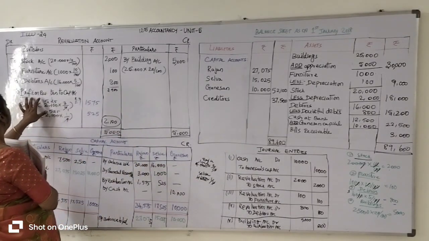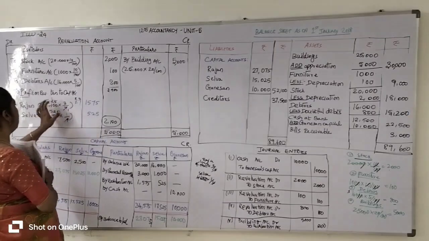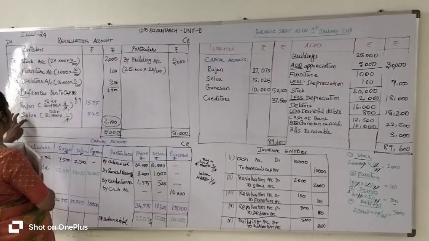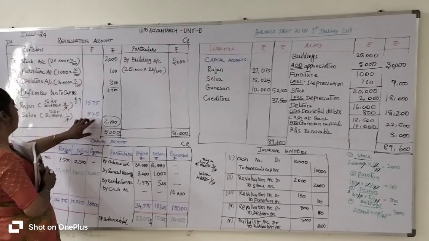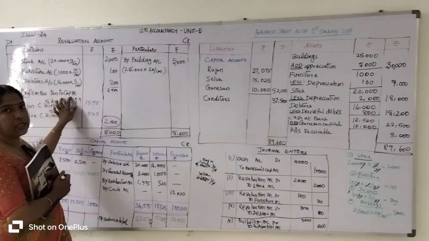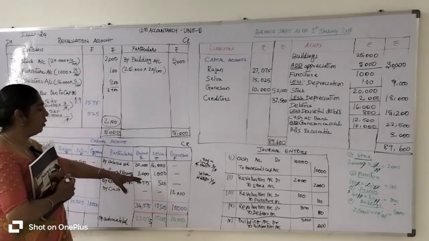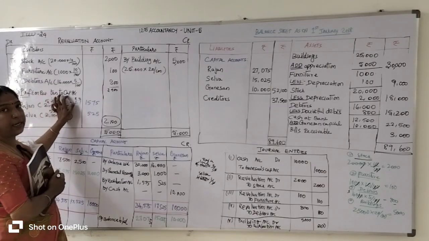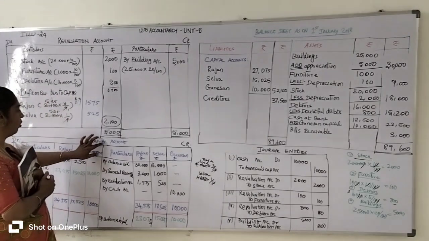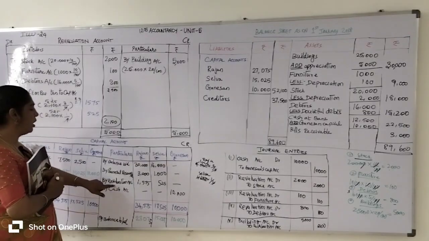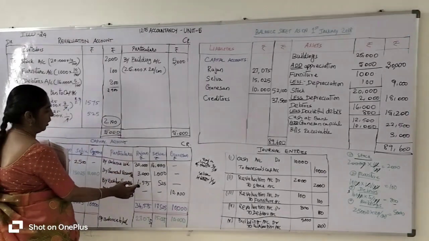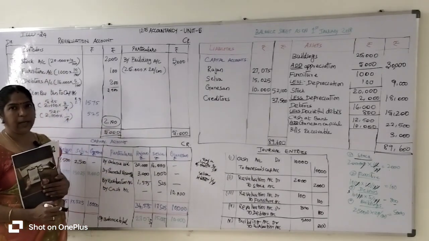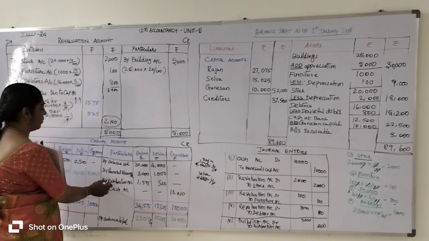And then the revaluation account: the profit on revaluation is immediately transferred to the old partners' capital accounts. Who are the old partners? Rajan and Selva. So this also we enter into the capital account, because the profit is transferred to the old partners' capital accounts. On the credit side we enter revaluation account: 1,575 to Rajan's account and 525 to Selva's account. Why does it come on the credit side?